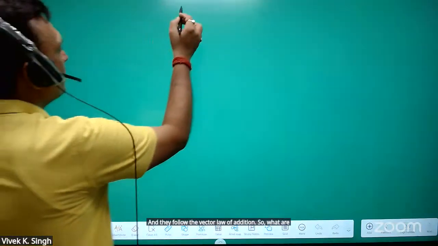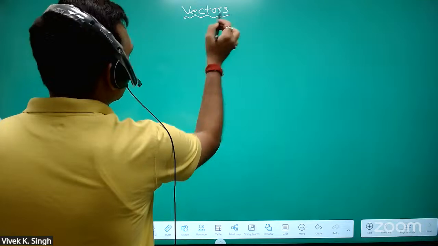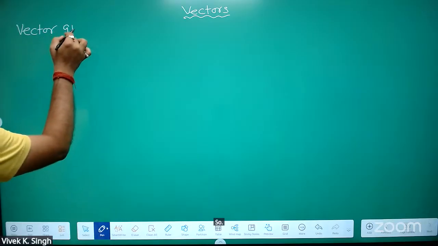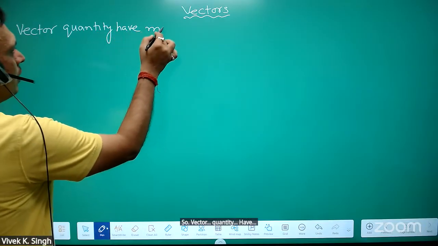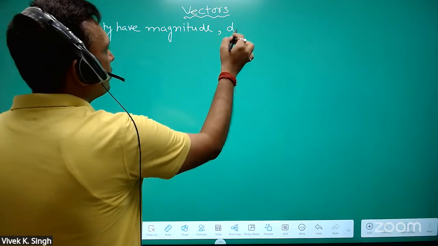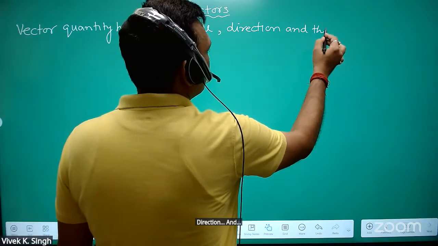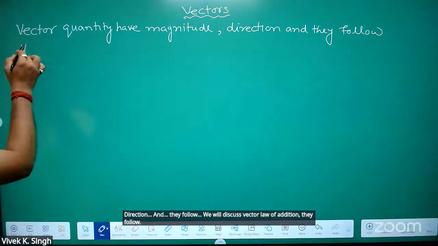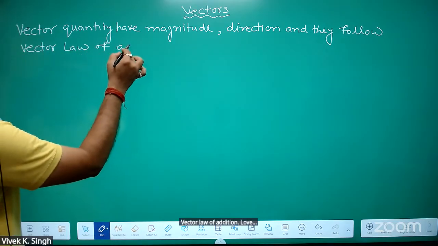So what are vector quantities? Vector quantities have magnitude and direction, and they follow the vector law of addition.